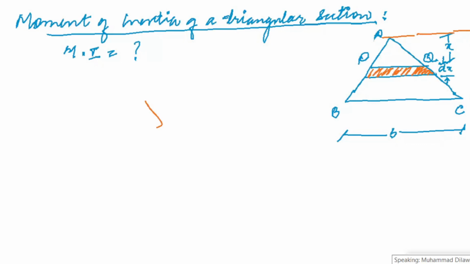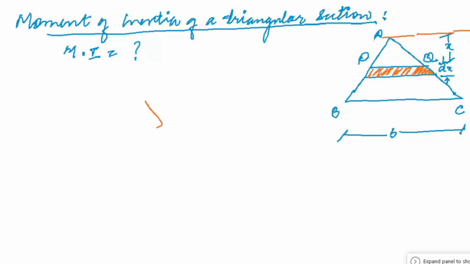Now from geometry we can see that we have a big triangle and a smaller triangle.